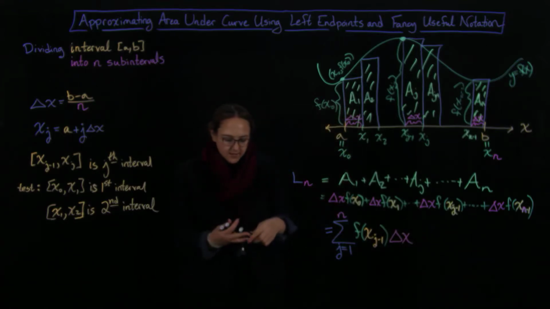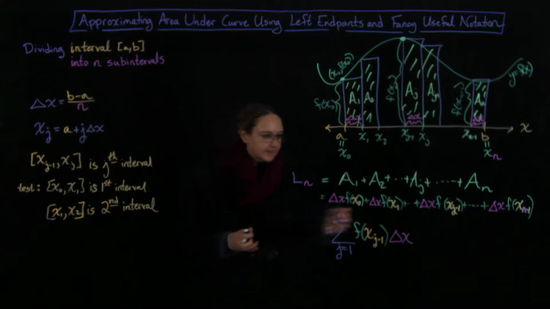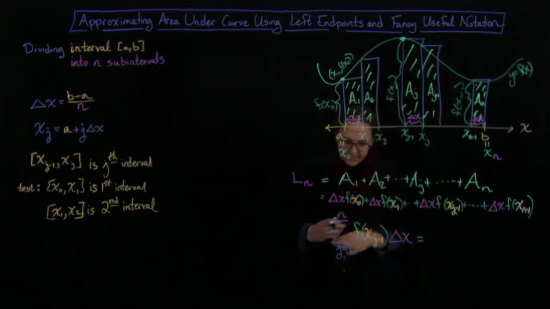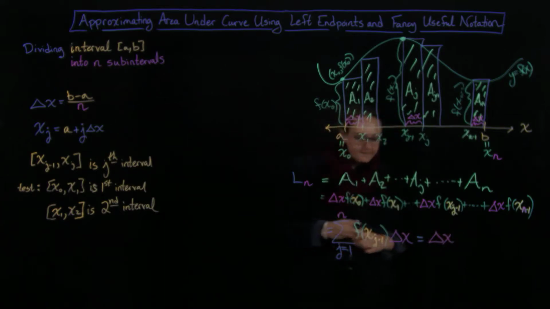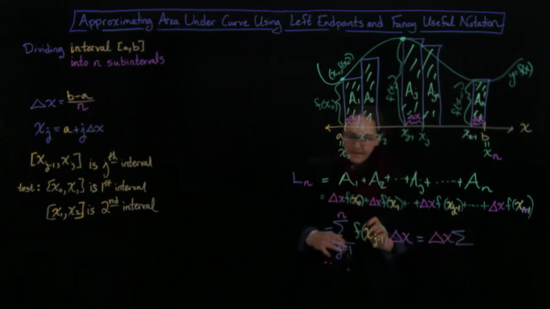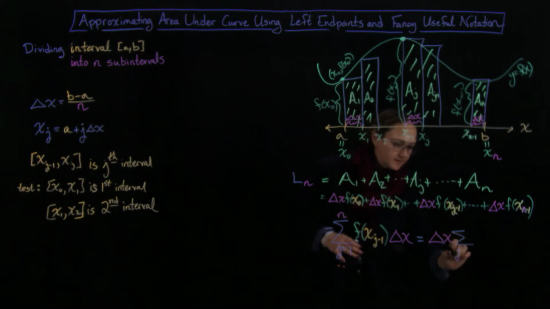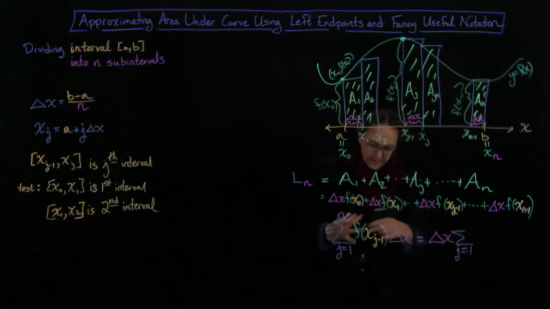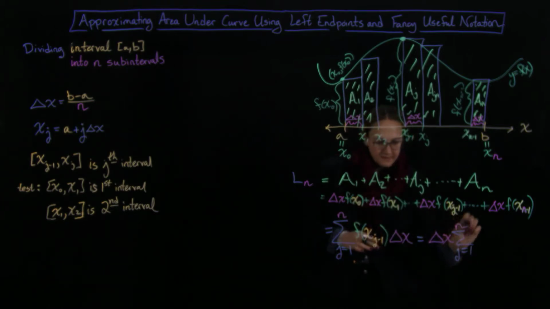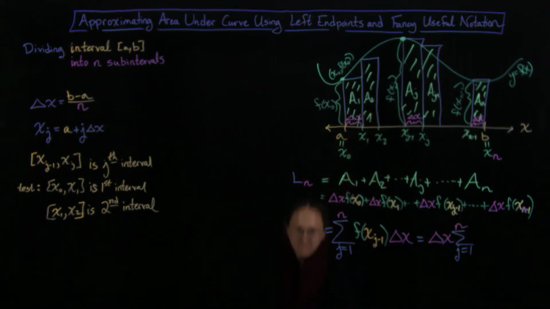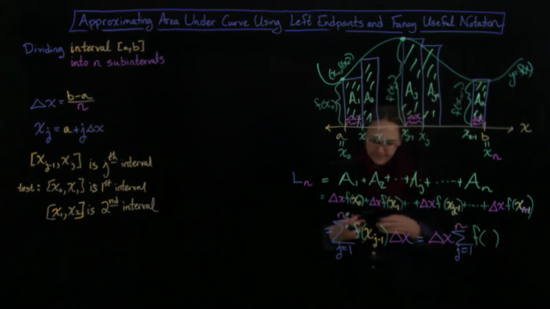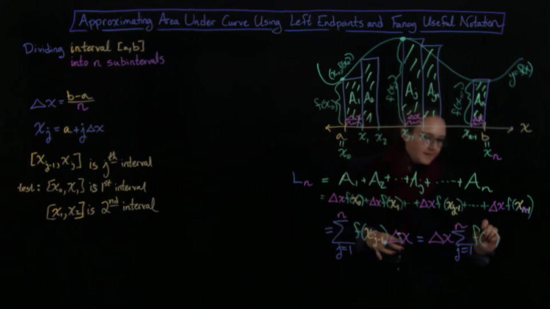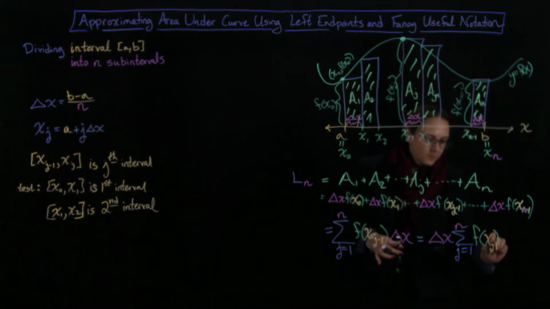Okay, and we can just kind of pull out the delta x if we want, and we're going to get, so then we have delta x times the sum, and we're going from j equals 1 up to that special n, and then we're taking this of f of xj minus 1.